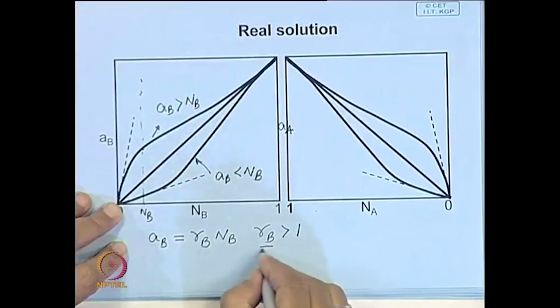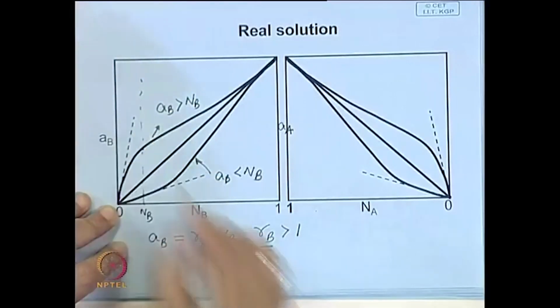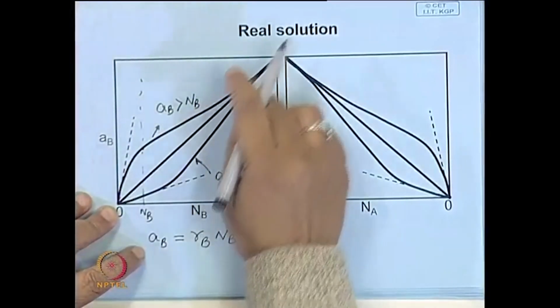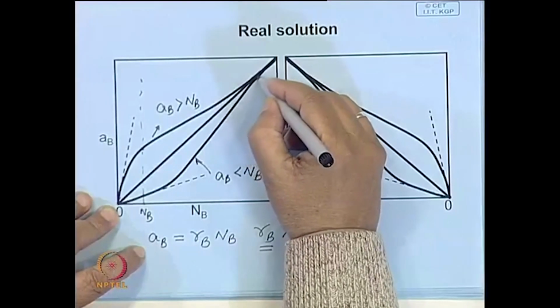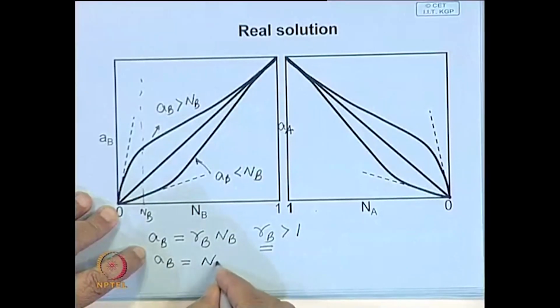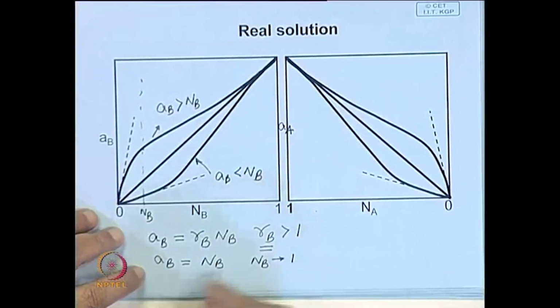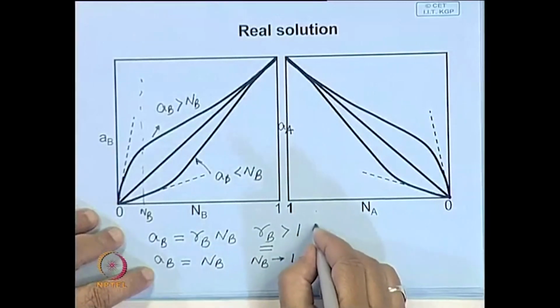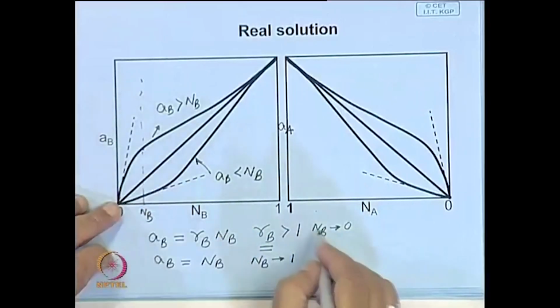This is called the activity coefficient. This part follows like this, whereas at the other end it is nearly approaching ideal behavior. So when N B is approaching 1, this is the behavior, and when N B is approaching 0, then this is the behavior.